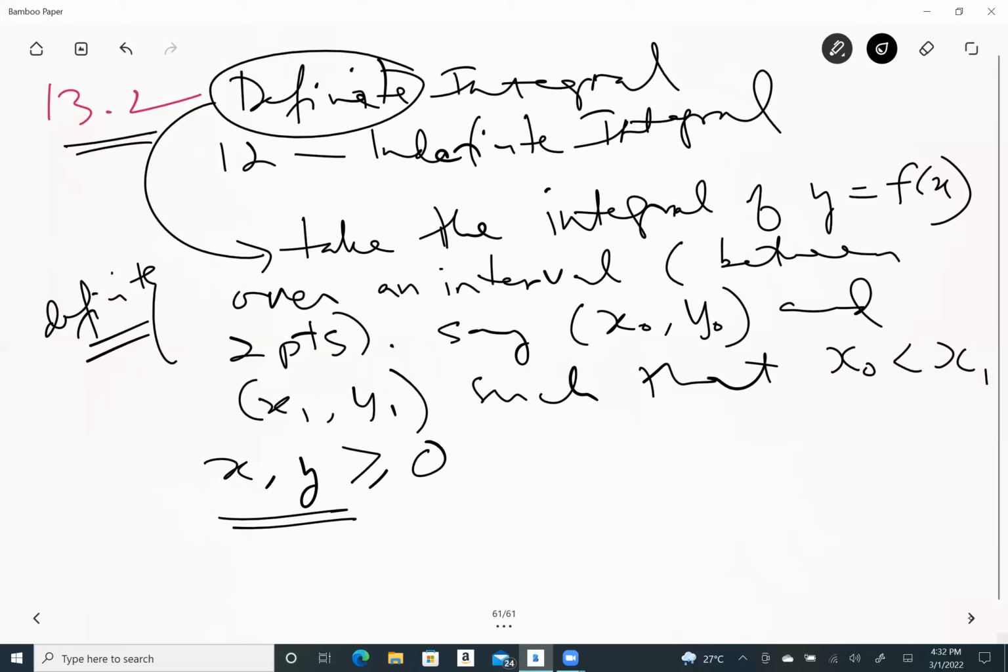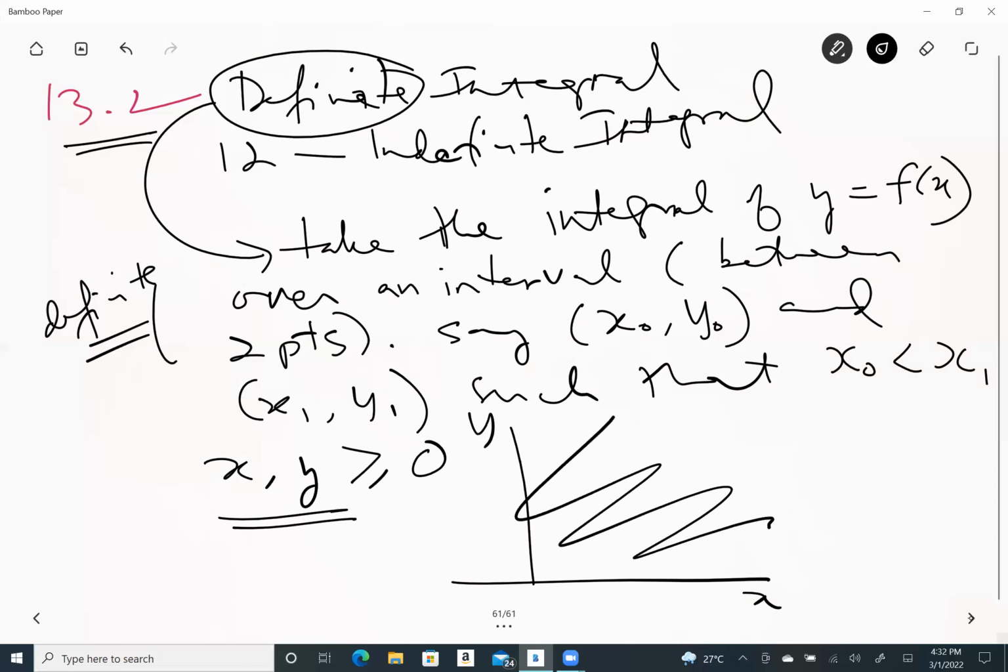So first quadrant, on the graph, we only worry about this part. All right, so that is a definite integral. You are taking the integral of a function over an interval, between 2 points. So suppose the 2 points are x0, y0, x1, y1. So now, what is the integral of that function?